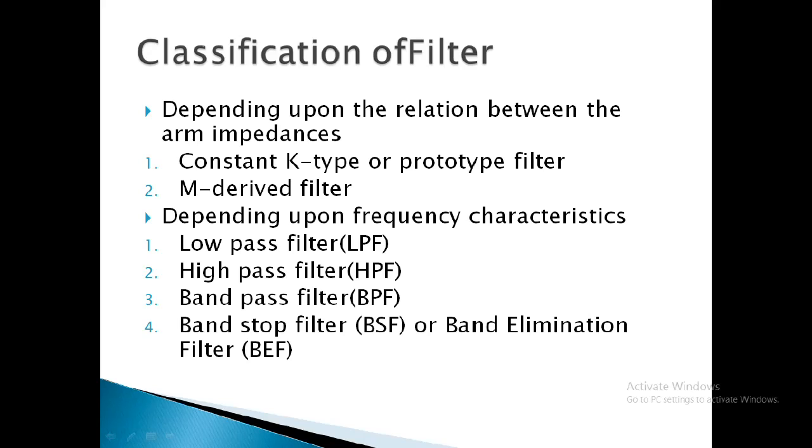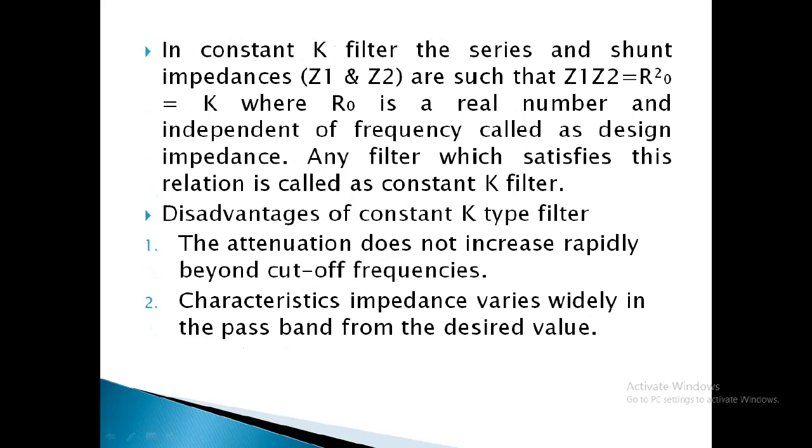Depending upon the relation between the impedances, it is classified into two types: constant K type or prototype filter, and second, M derived filter. And depending upon frequency characteristics, it is classified into four types: low pass filter, high pass filter, band pass filter and band stop filter or band elimination filter.